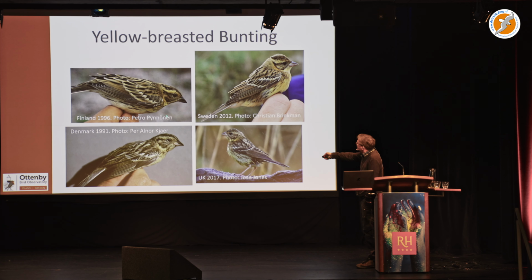Same on all four birds here. So this is more or less what you should expect from a yellow-breasted bunting recorded in Europe during the autumn. The alternative to this would be an adult bird, which is then most expected to show a heavily worn plumage, just like this one.